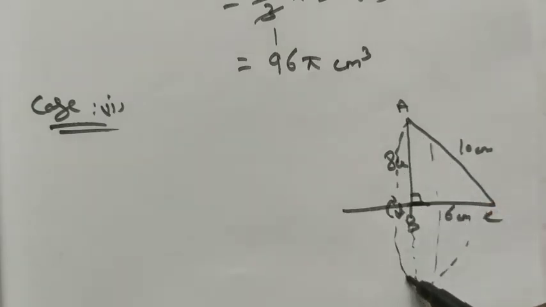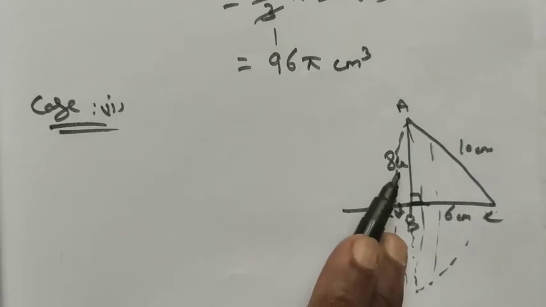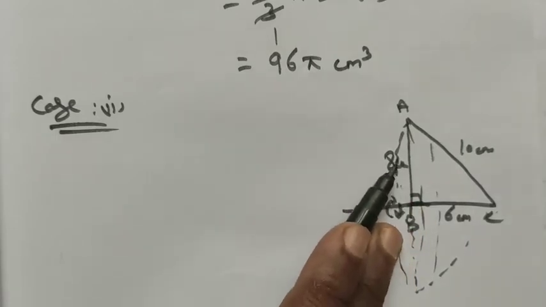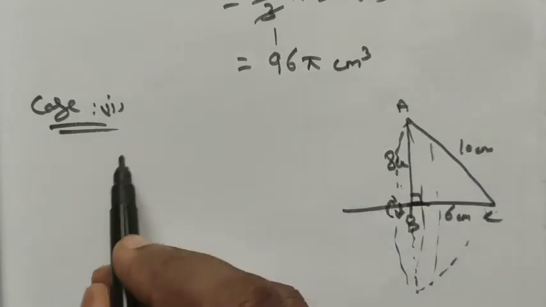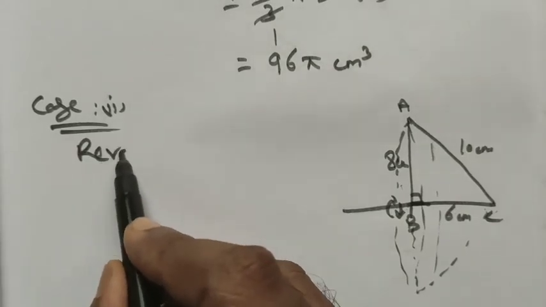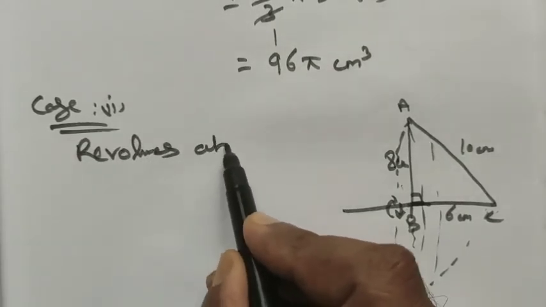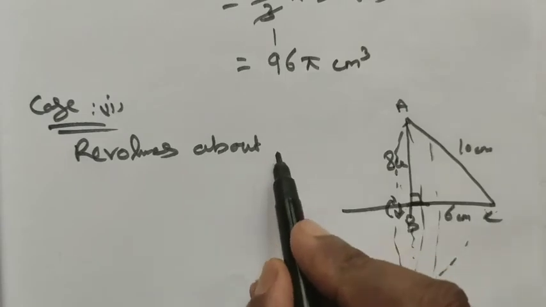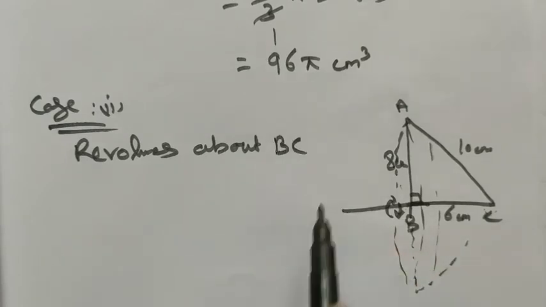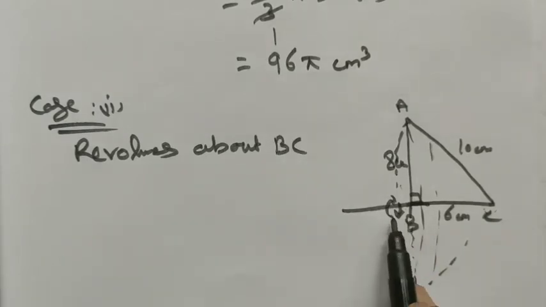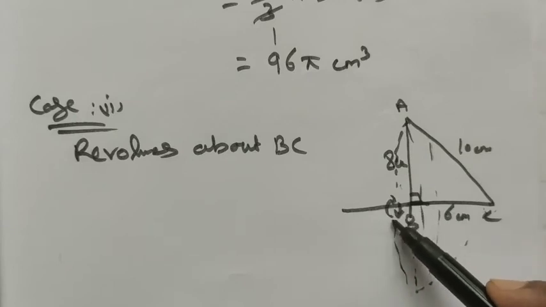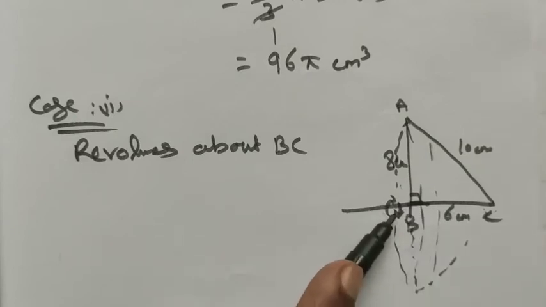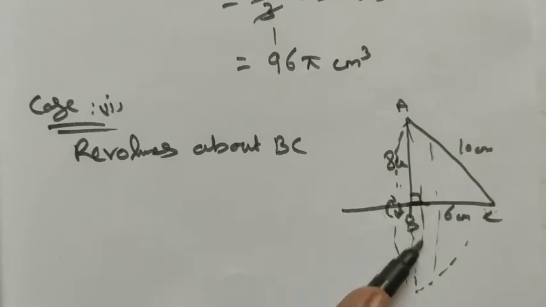This is the radius, the base of the cone, and this is the height. For case 2, it revolves about BC. So this will form a conical shape.